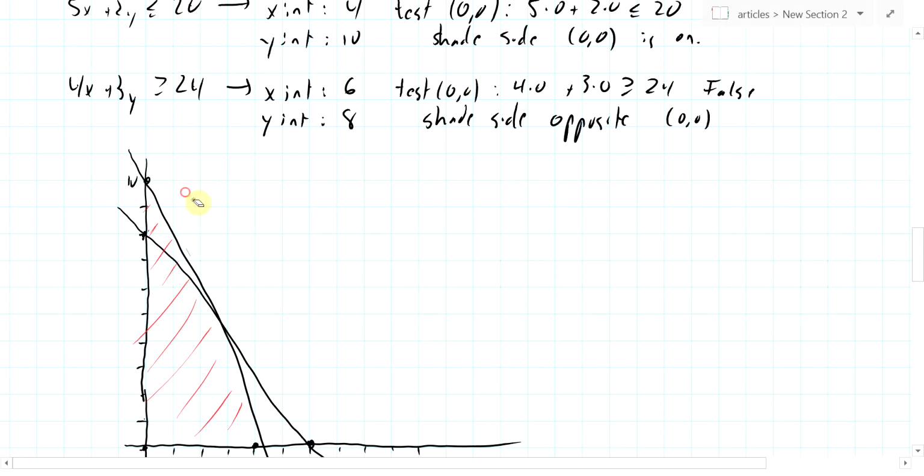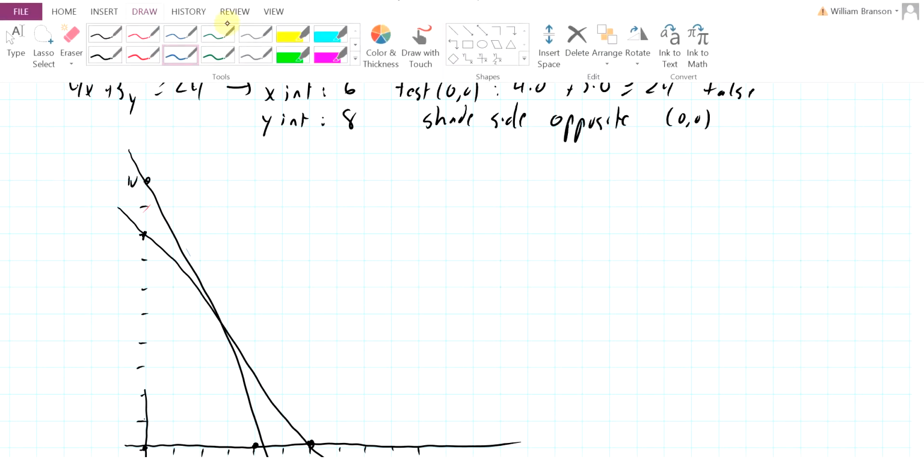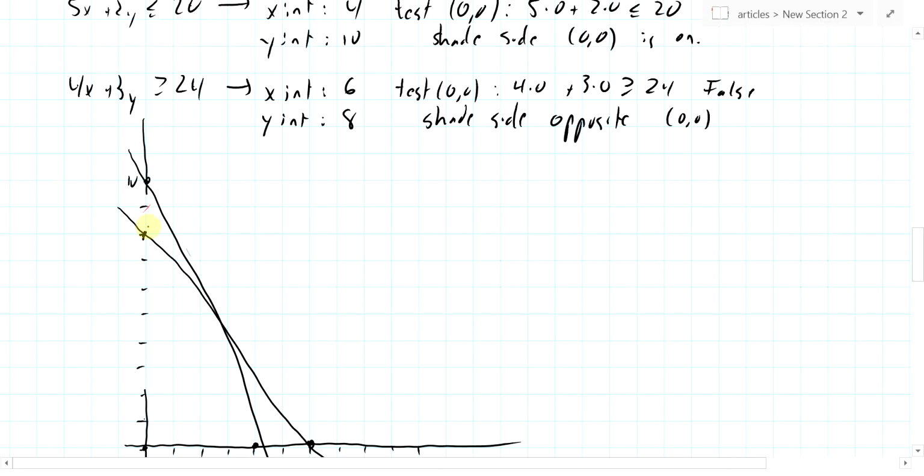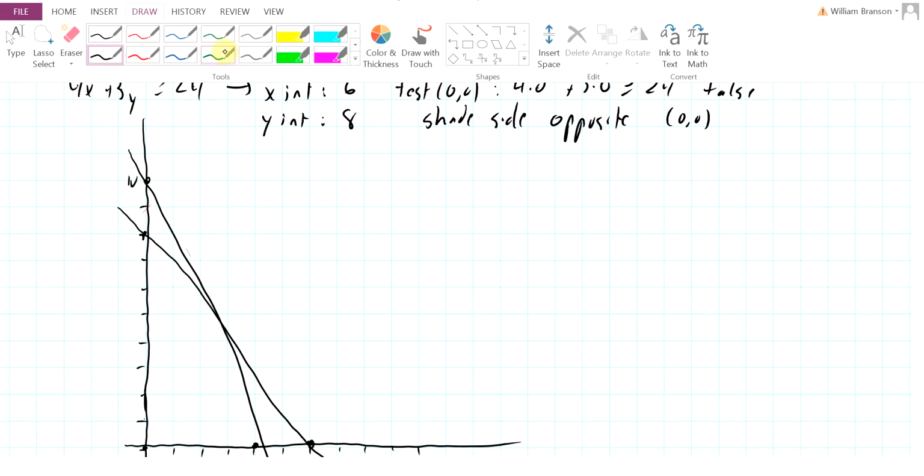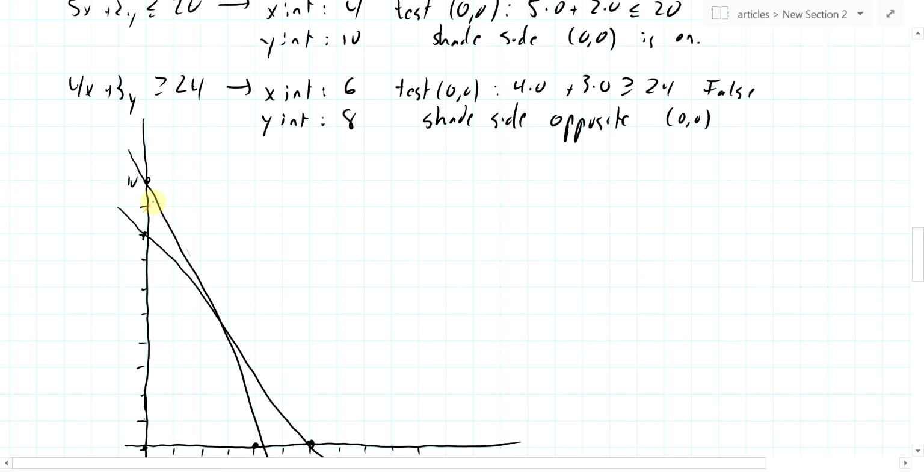Now that we've identified what area we want, get rid of the red. And we'll put back in our y-axis, and we'll shade in green the area that we want. So we want this area here. That was on the correct side of both of them.